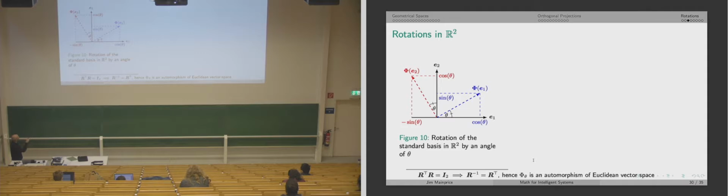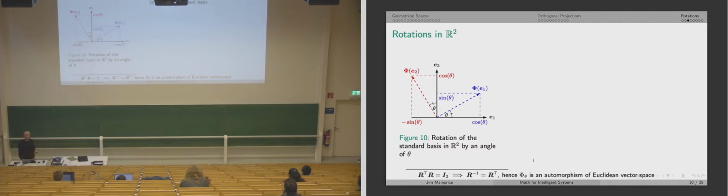What we have here is the linear transformation of the vectors E1 and E2. We call that linear transformation phi. And then we just identify the coordinates of the rotated basis vectors.